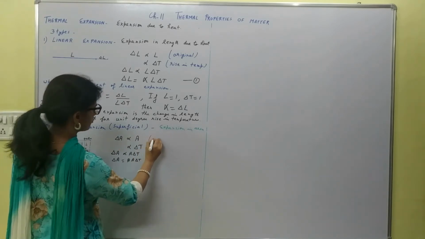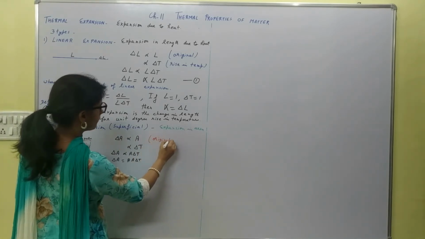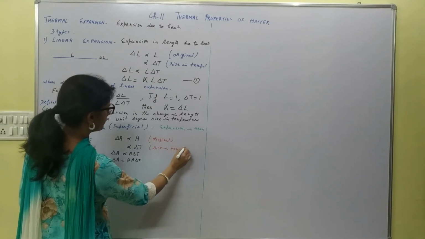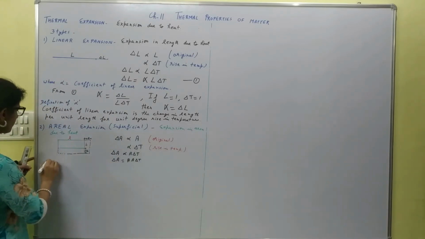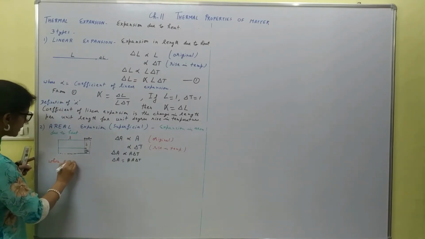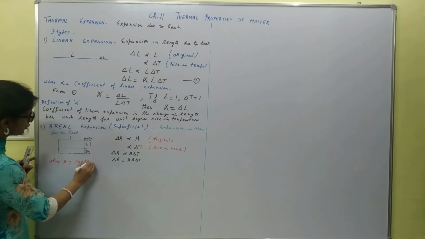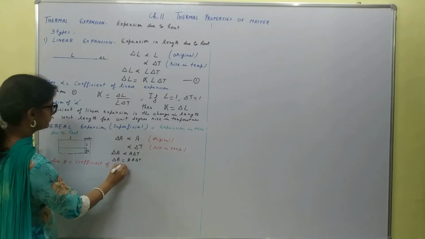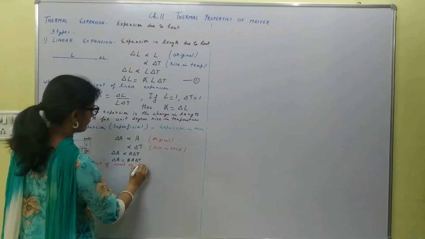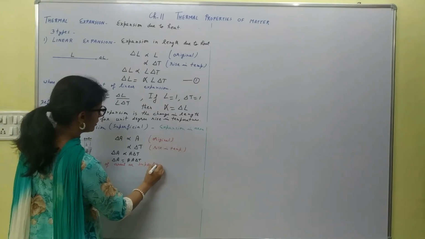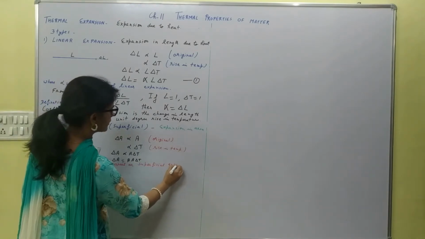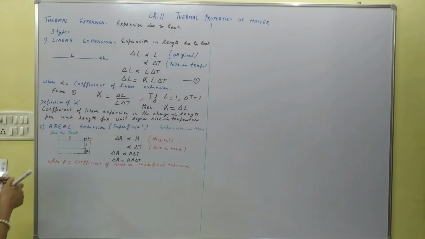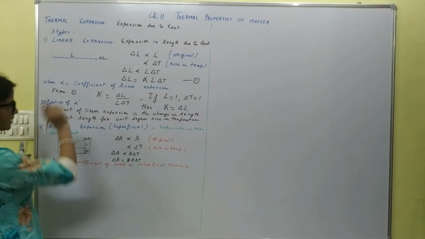So this is the original area and this is the rise in temperature, where beta is the coefficient of areal or superficial expansion, right? So beta can be defined in the same manner as we had defined alpha.